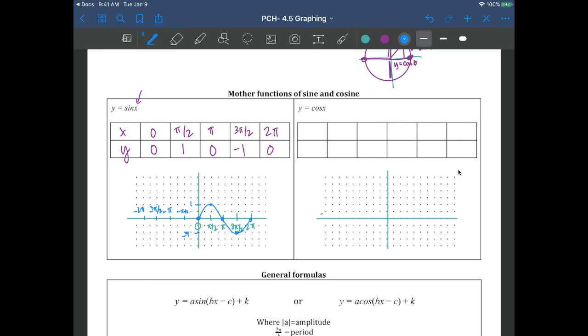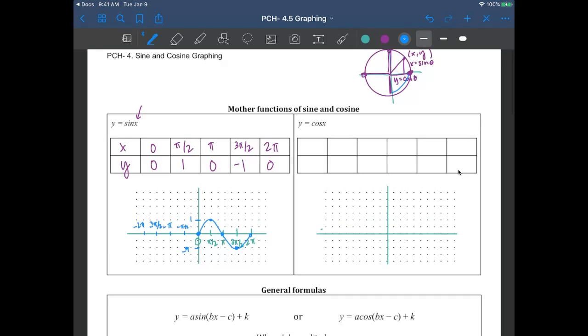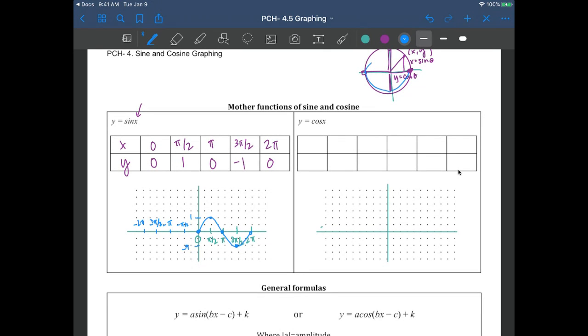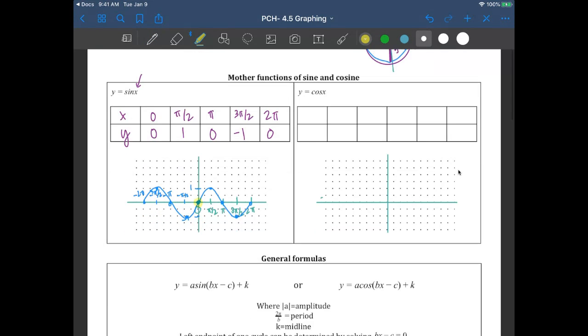So going backwards it's lowest, mid, high, mid. A big thing here is that sine starts at the center point, the midline.